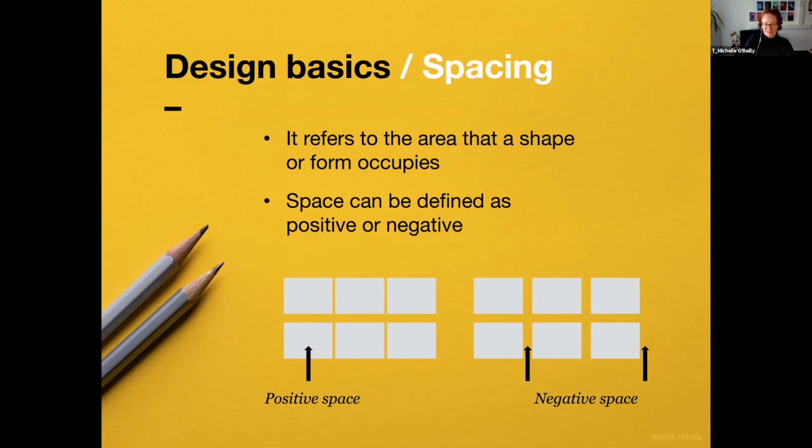So you can see the positive space here, and we have the negative space here, and all of this area is negative space. And I find working with most people who are not designers, this concept of positive space and negative space is very hard to balance or to get a good feeling and understanding for.